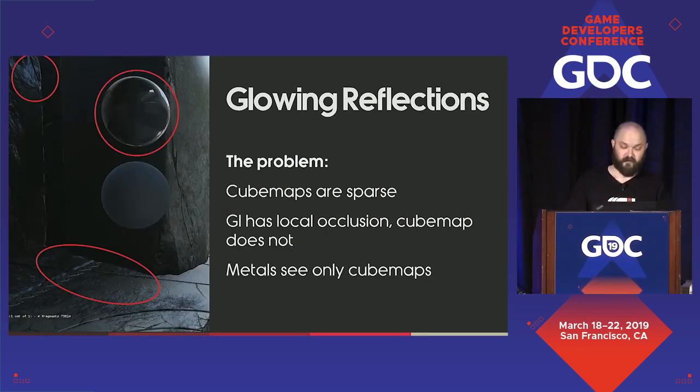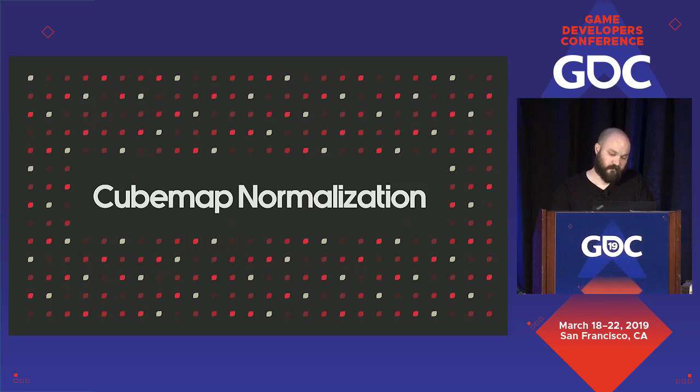You get a ton of light leaking, where essentially the GI, relatively speaking, has much higher spatial resolution than the cube maps. And so you get this kind of oily look in the occluded areas. So ideally, we want a solution that works with both. So in comes cube map normalization.